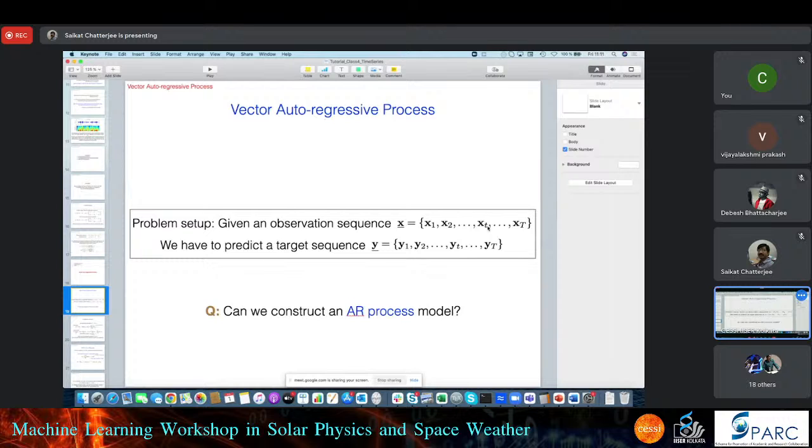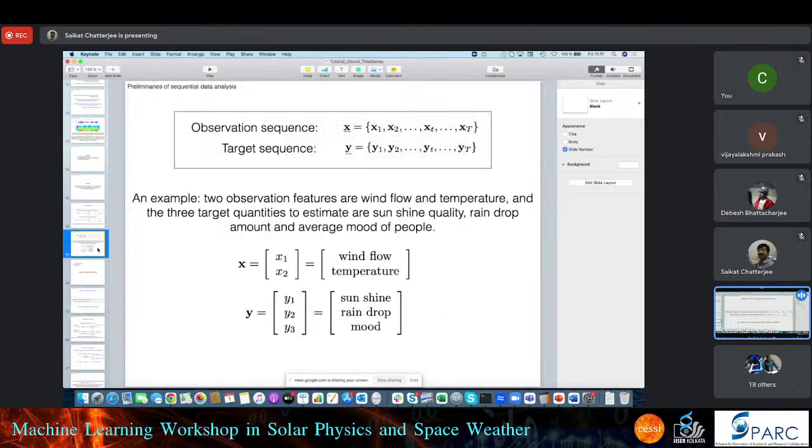Got it? That means the prediction is like this. I'm seeing wind flow and temperature up to time point t, and I would like to know what will be the wind flow and temperature in the next time instant t plus 1. I'm saying t plus 1, but that need not be. It can happen that you are interested in what will happen after t plus 7, t plus 50. It's up to you.